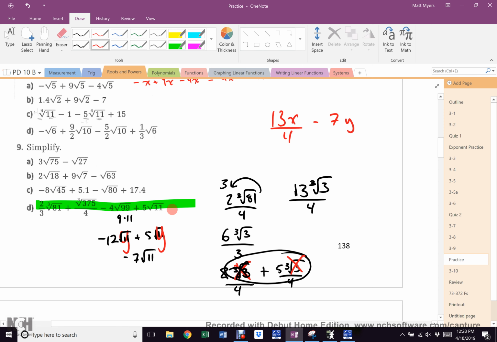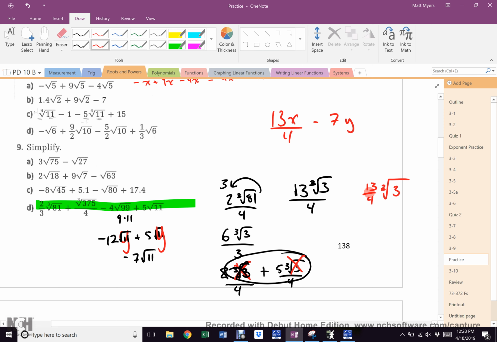I can't put these together because they're different radicands. So this is done. Now, in the answers, if I'm not mistaken, it gives it as 13 over 4 cube root 3. It puts the fraction there, if I'm not mistaken.